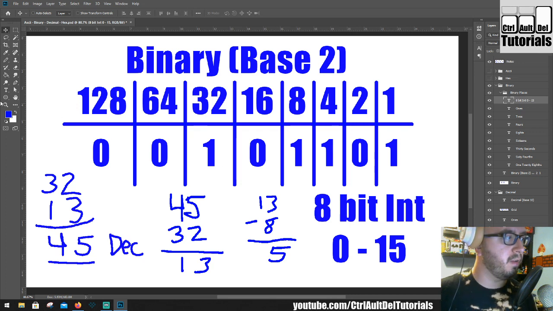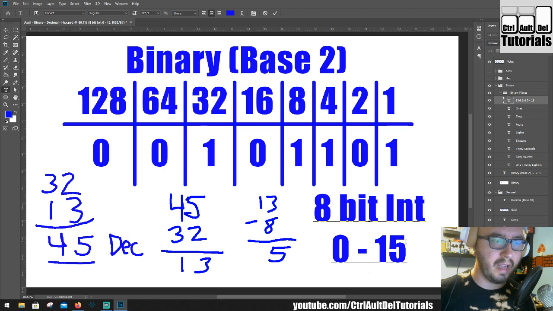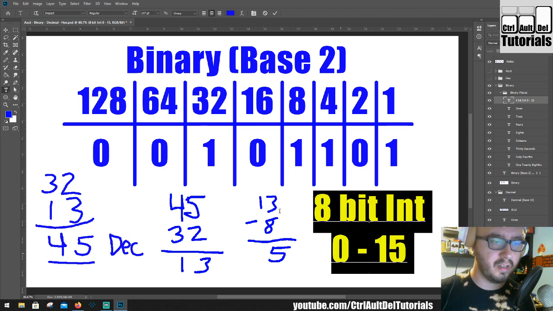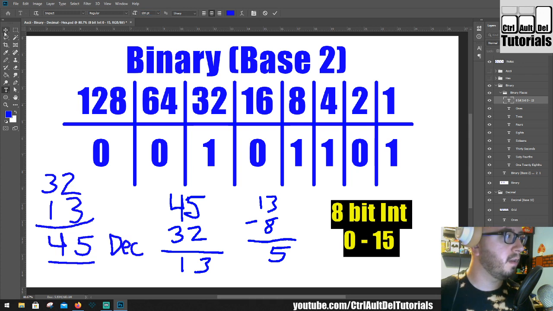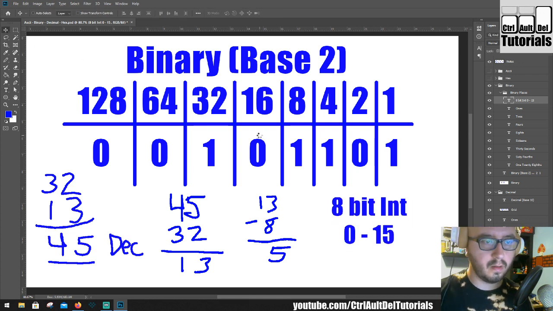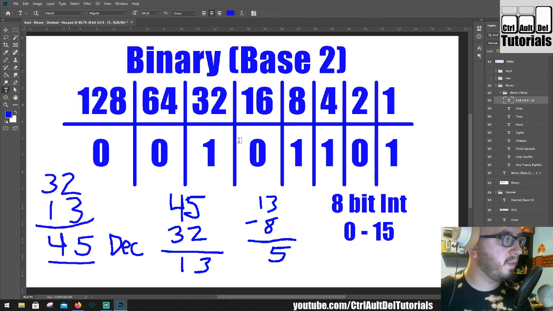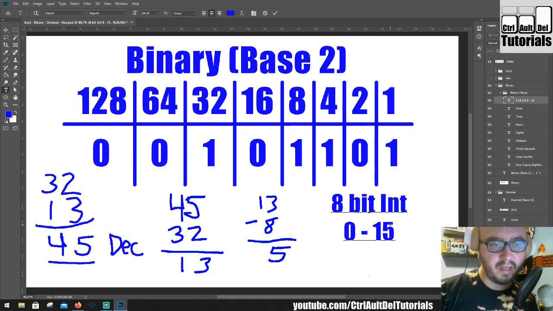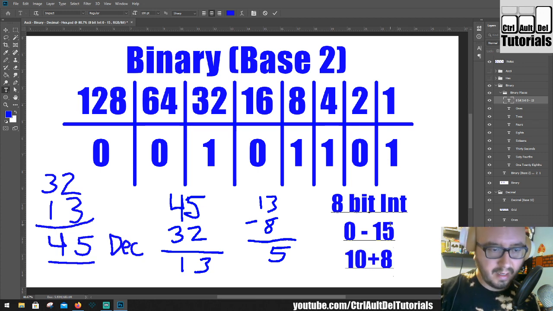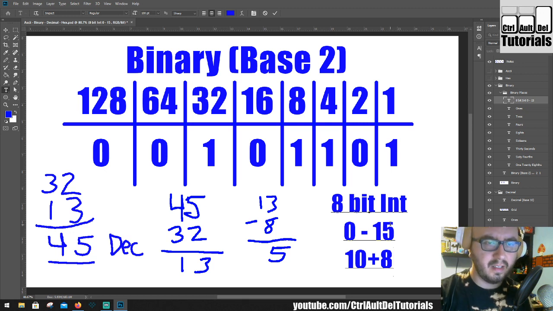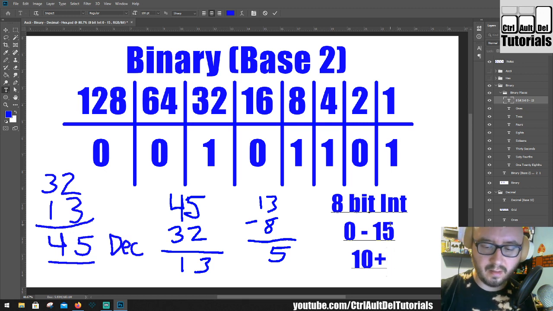So then they say, what happens if you're given a math problem that can only store 8-bit integers? Using 8-bit integers, somebody adds, let's say, 10 plus 6.